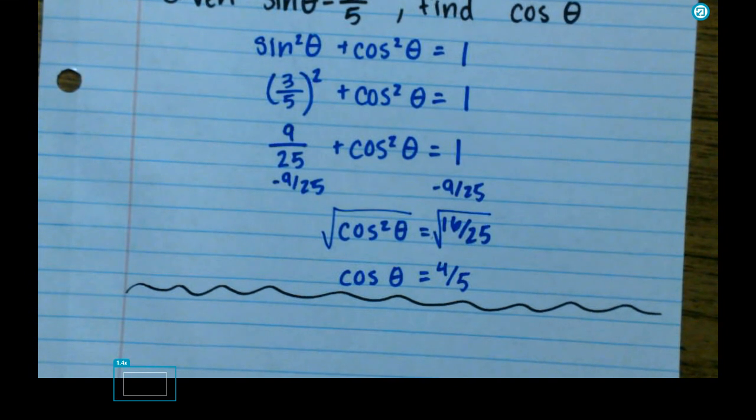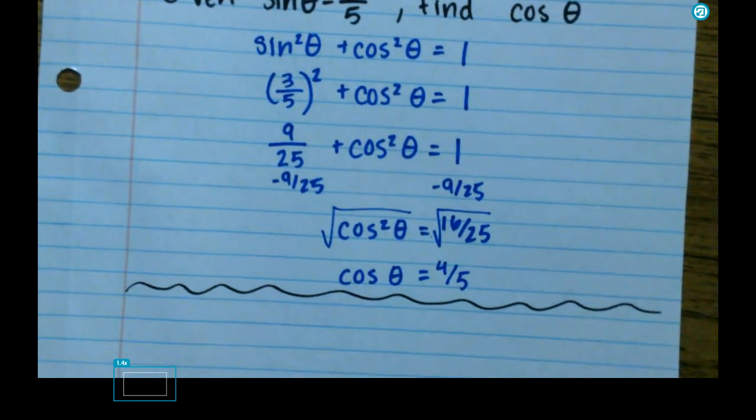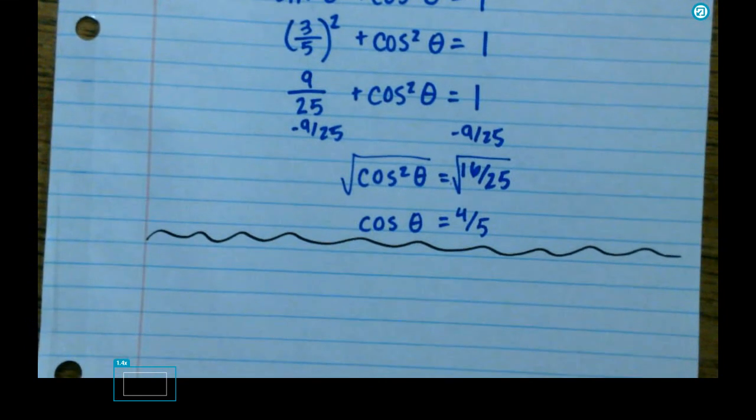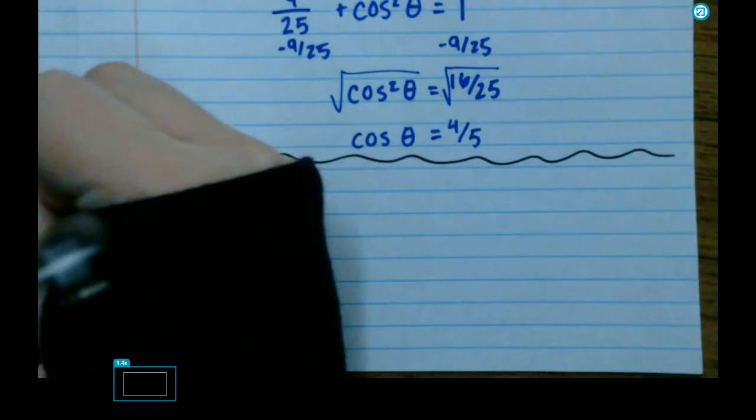We're going to do one more problem. And it's just an application of these Pythagorean identities. And this is what problems 5 and 6 are going to kind of be like.